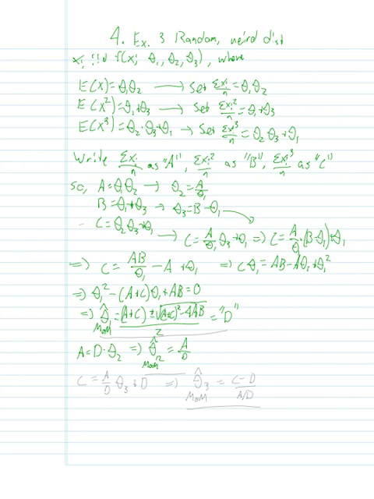Now if you plug both of those into this third equation, we get C equals A over D times theta 3 plus D, or if you rewrite that, you get theta 3 hat, method of moments, is equal to (C minus D) over (A over D).